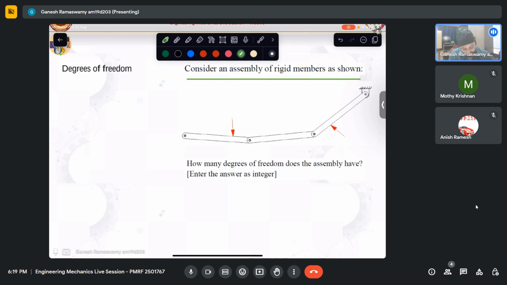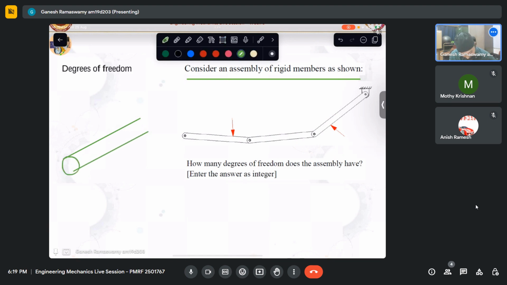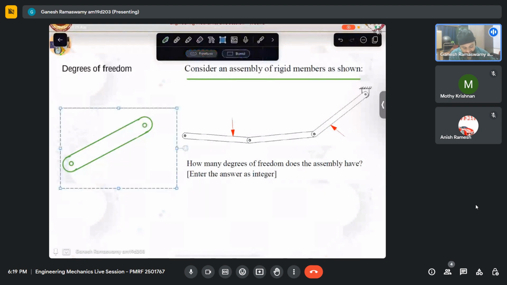So let us say that I have a bar like that. Okay, so let me take a link like that.